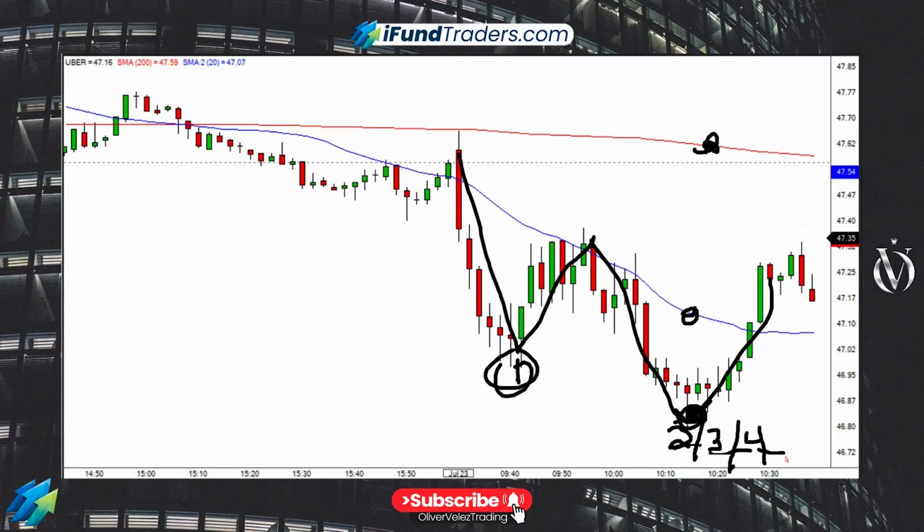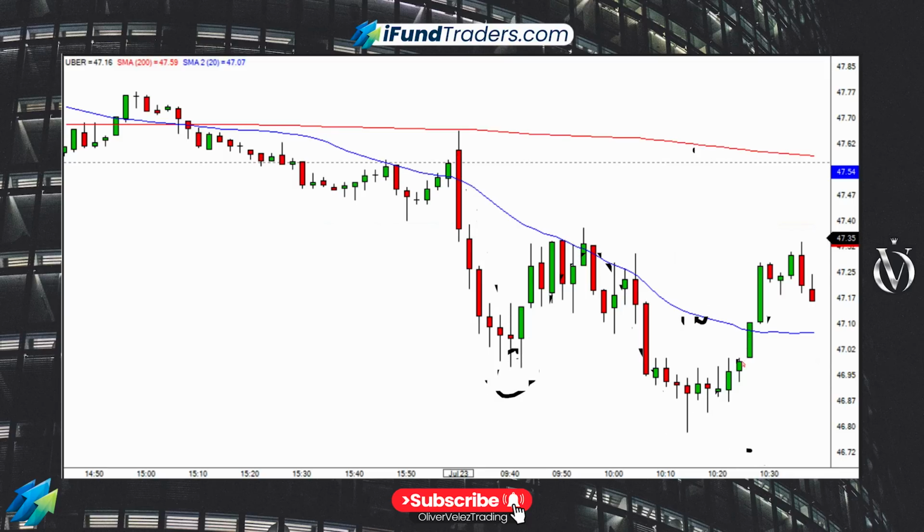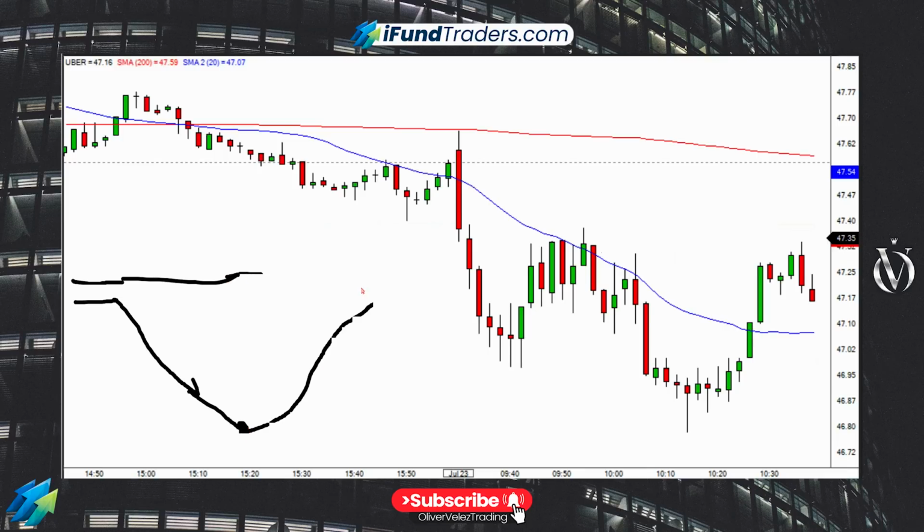Okay? So if it's second, third, or fourth, and you have dual space, a bullish signal can ignite with good odds. A bullish signal can ignite the move back from wide space, okay, wide space, back to narrow.